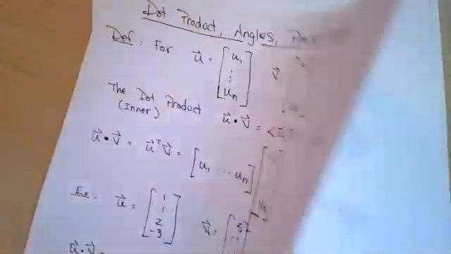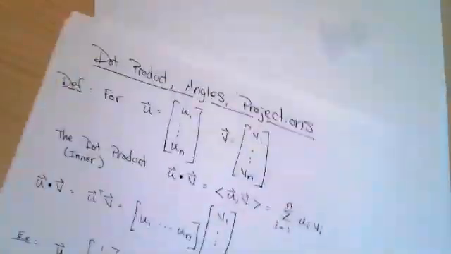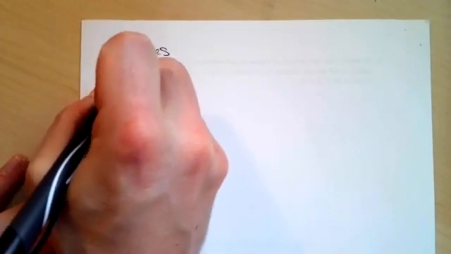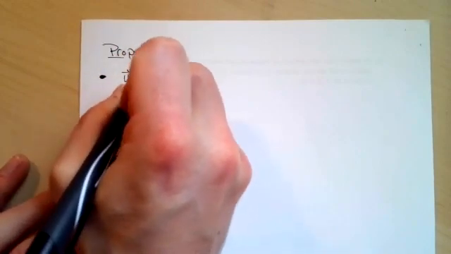Properties of the dot product. The dot product is symmetric.